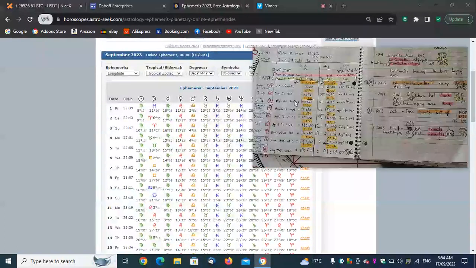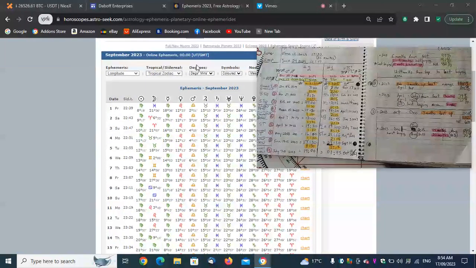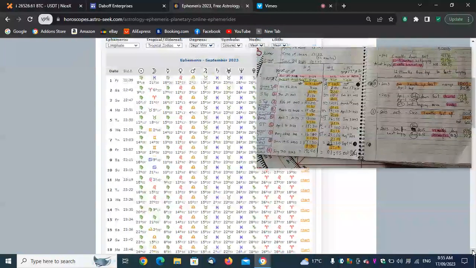As you can see, I have September here. You just have to go down to the right date, which I don't have populated right there. So today is Sunday the 17th. That's the sidereal time. That's where the sun is, the moon, and all the planets.